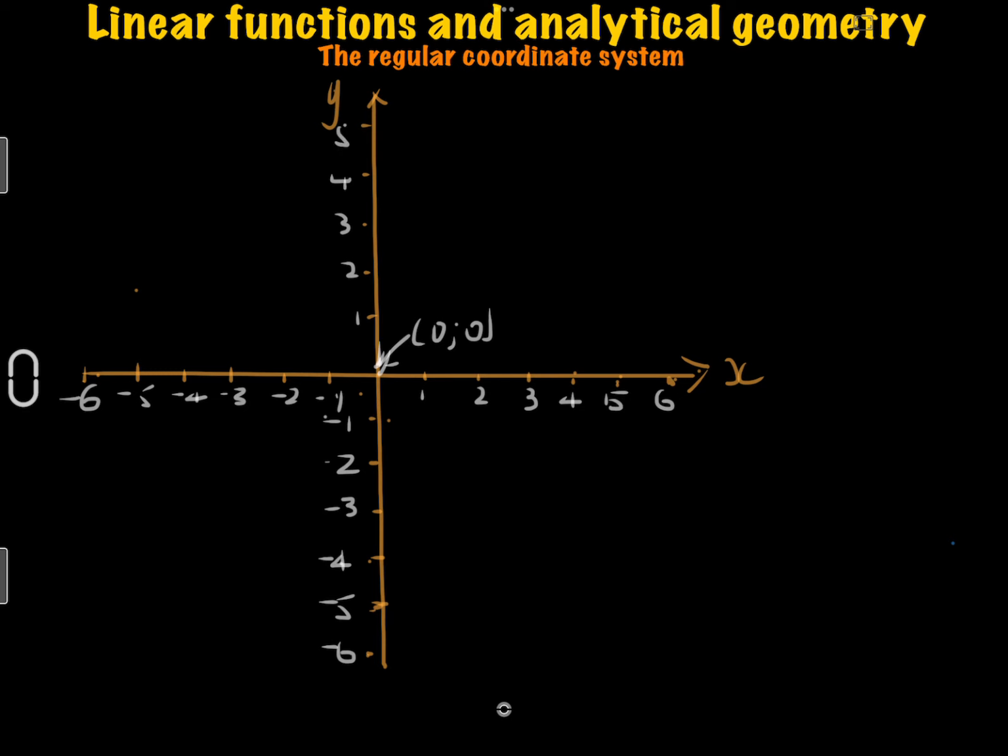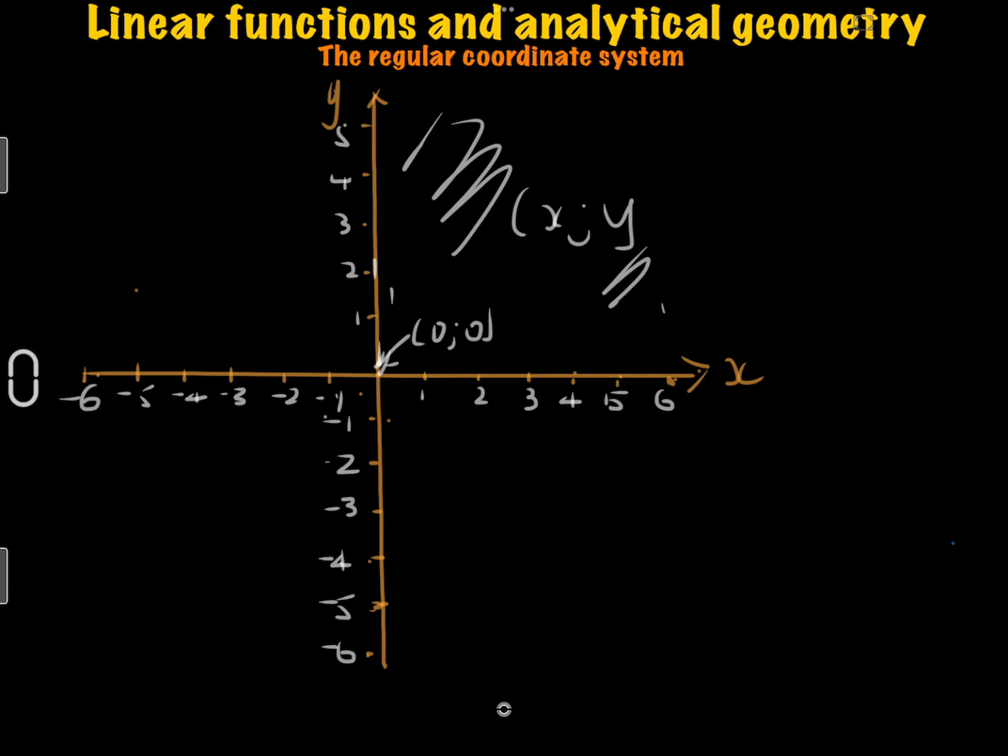Okay, now this is how the Cartesian plane works. When you look at all of these values, starting from the origin and moving to the right, we have all positive values. Like I said earlier on, in the first quadrant, x is positive, and notice that y in this space here is also positive.